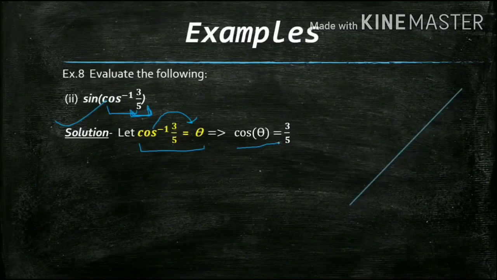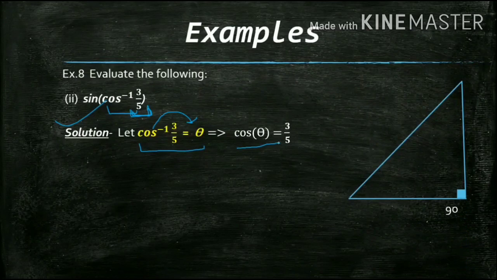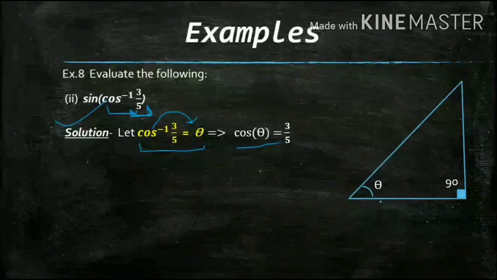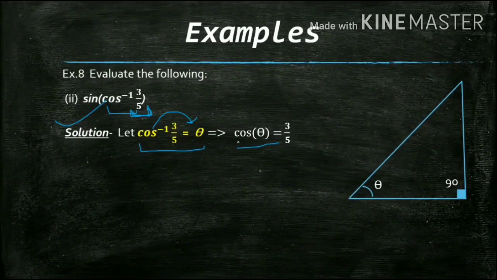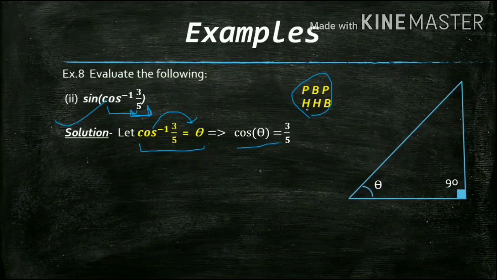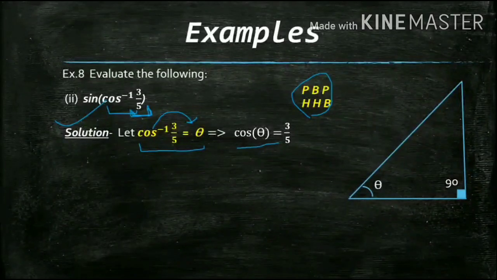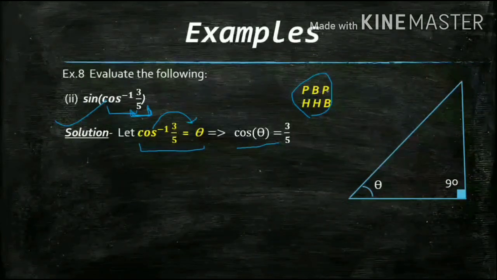Now what we'll do, we'll try to make a right angle triangle and take this angle as theta, and then substitute this value. You know this: P B H, H B, that sine is perpendicular by hypotenuse, cos is base upon hypotenuse, tan is perpendicular upon base, and the opposites are for cosec, sec and cot.